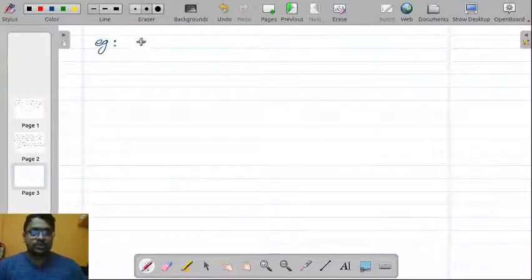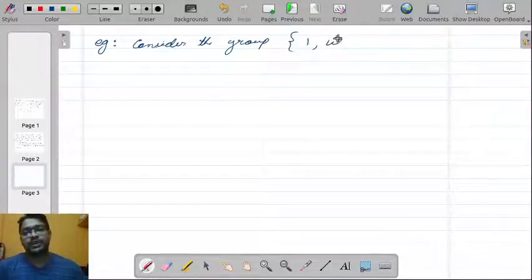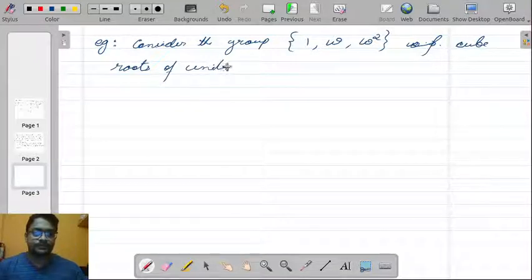For example, consider this very simple finite group, 1, omega, omega square, the cube roots of unity. We have already seen that it is a group with respect to multiplication.